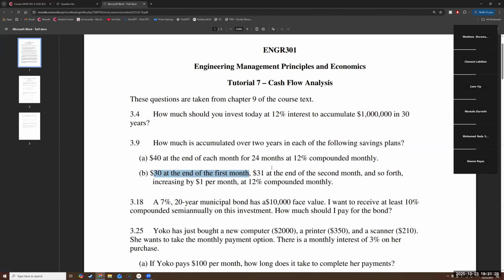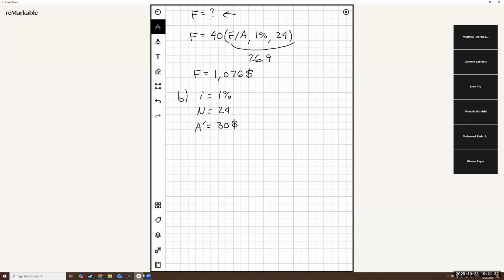But 30 is the minimum. You know for a fact you will receive at least $30 every month. The amount that's increasing, which here is $1, we represent by something called a gradient value. The symbol for that is G, and it has a value of $1 because that's the amount it is increasing by.